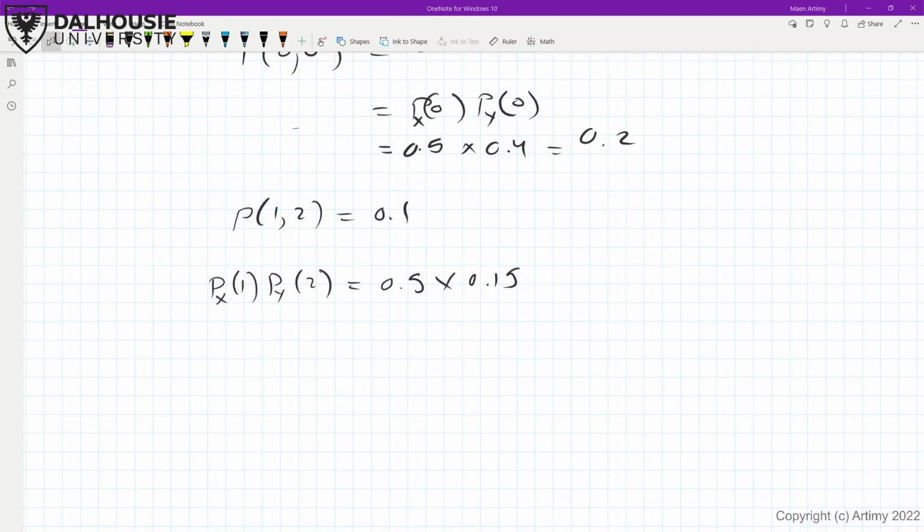So 0.5 multiplied by 0.15 is not equal, so this P12 is not equal to Px1 times Py2.